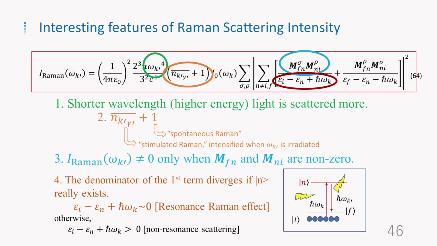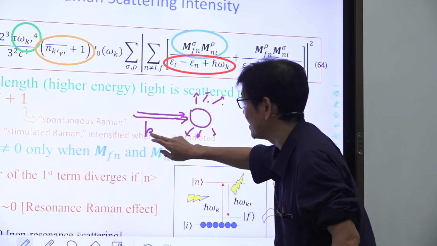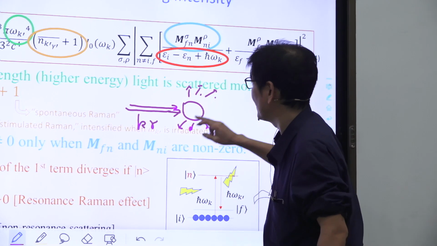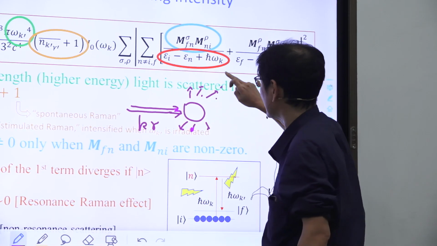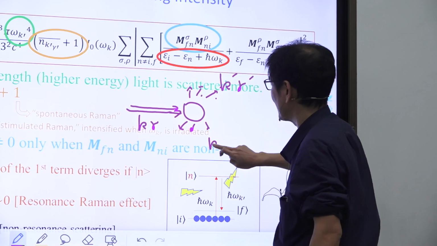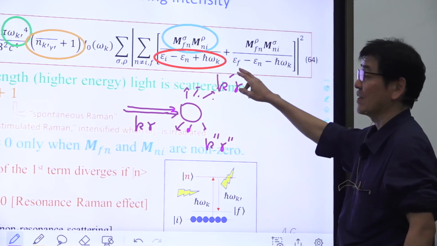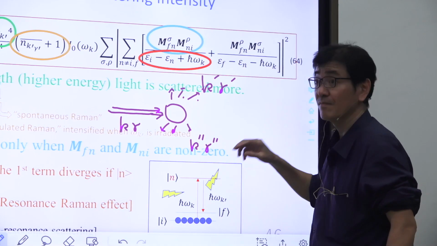The excitation beam is specified by K gamma, and the scattered light is K prime gamma prime, depending on the direction, having a different wave number vector.